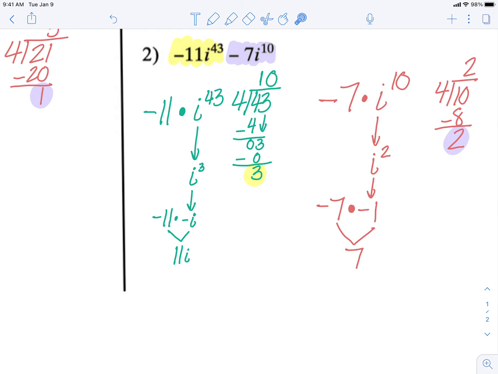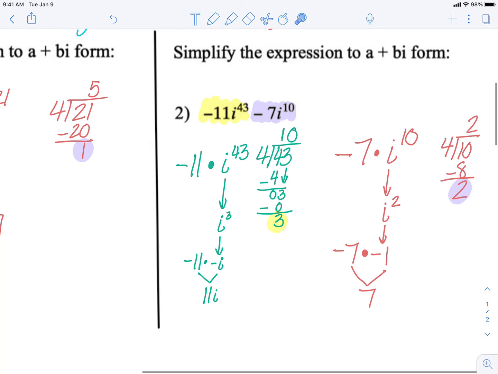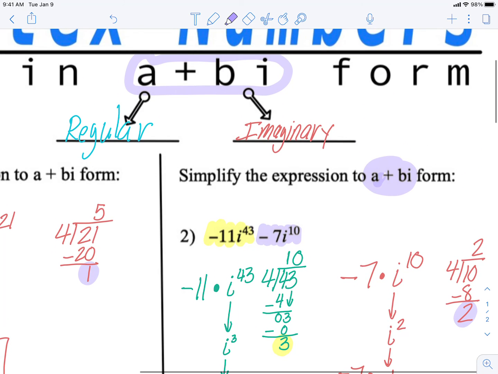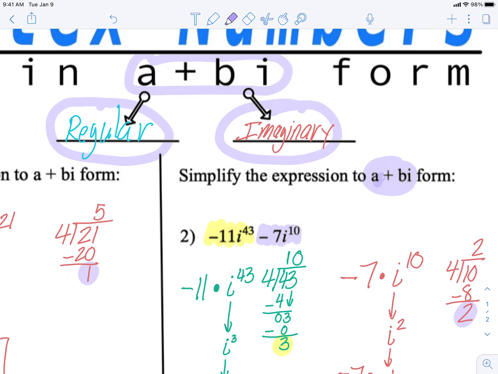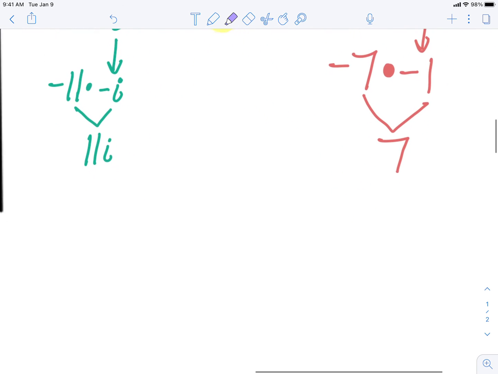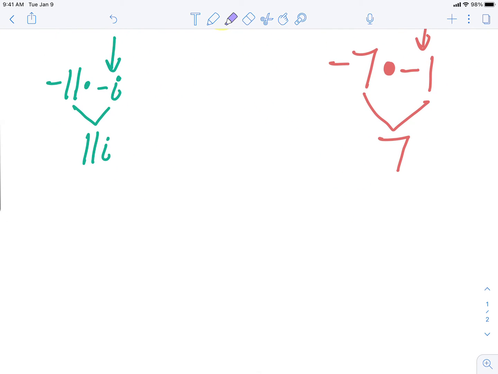What we're going to do is we're going to put them next to each other, but we're going to put them together in this form right here, where A means regular number first, imaginary number second. So these two, which one is the regular number? 7 is my regular number, right?